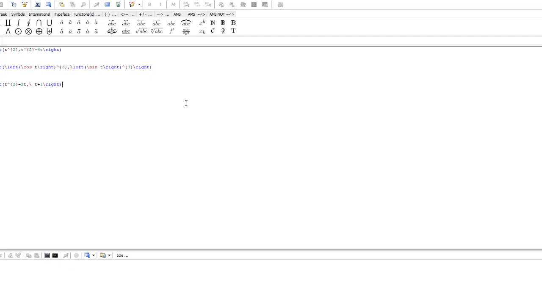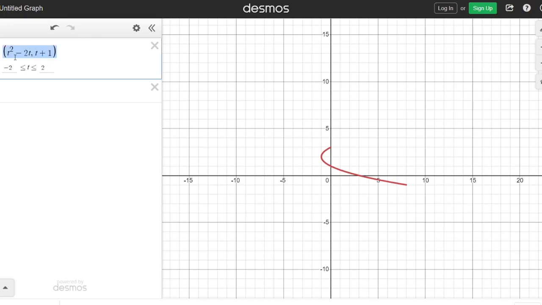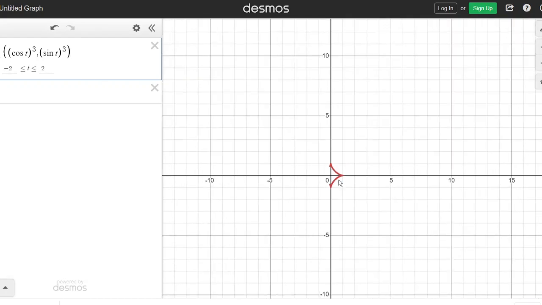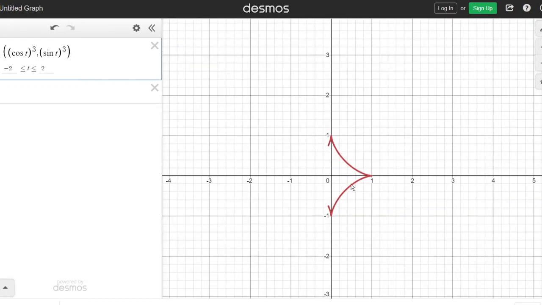I will zoom in. You see, that's the point we identified. That's another point we identified.